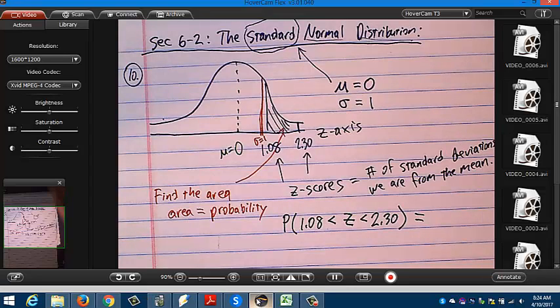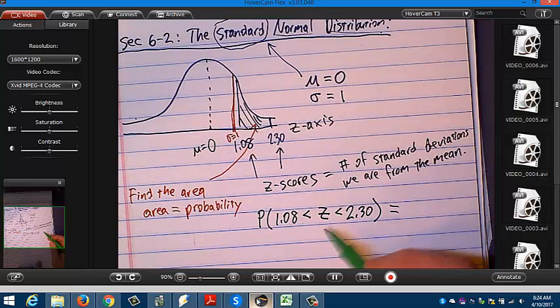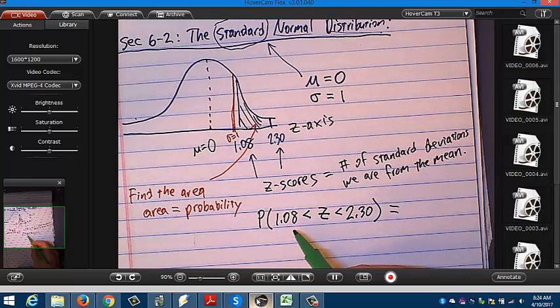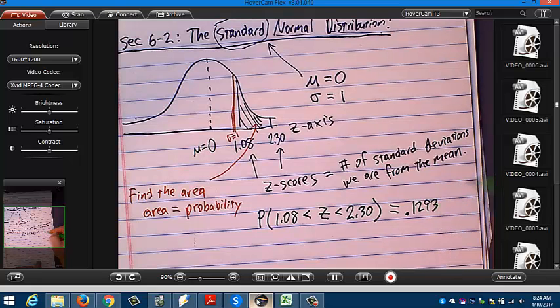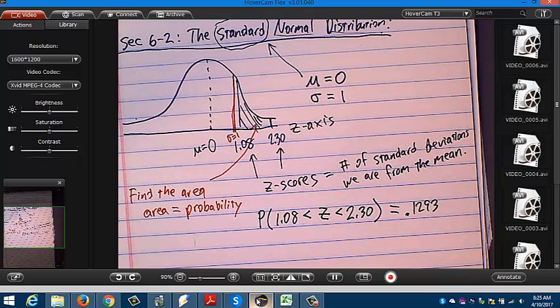So if this is a probability problem, and I say, what's the probability of getting a score between 1.08 and 2.30? Well, it was about a 13% chance of that happening. About 13% of the data is in this region of the bell curve. That's kind of what it means.